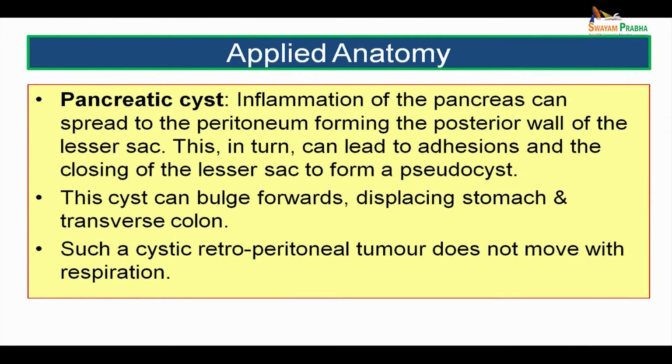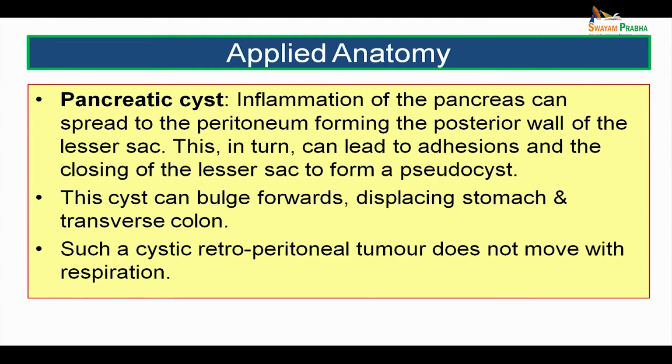Next, we see pancreatic cyst or pseudocyst of the pancreas. Inflammation of the pancreas can spread to the peritoneum forming the posterior wall of the lesser sac. This in turn can lead to adhesions and closing of the lesser sac to form a pseudocyst.